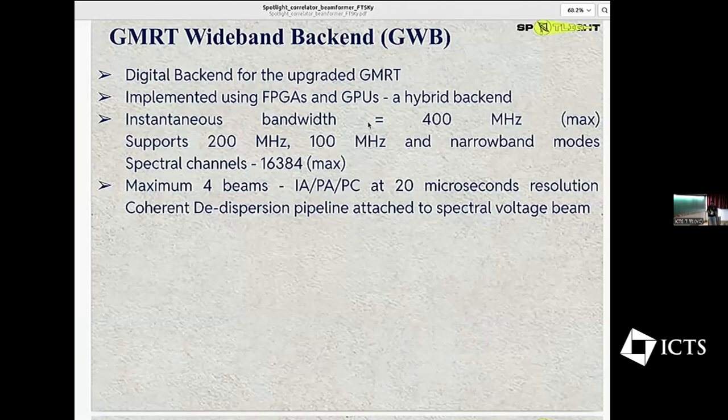There is also Walsh demodulation in the FPGAs, and that data is sent to servers with GPUs for processing. The maximum instantaneous bandwidth is 400 MHz, but it also supports lower bandwidths. It also supports 4 beams, which can be configured as IA, PA or post-correlation beams at very good time resolution. We can also have 1 or more spectral voltage beams in place of these 4 beams and do coherent dedispersion.